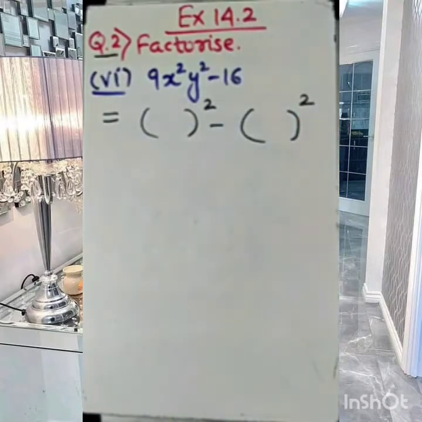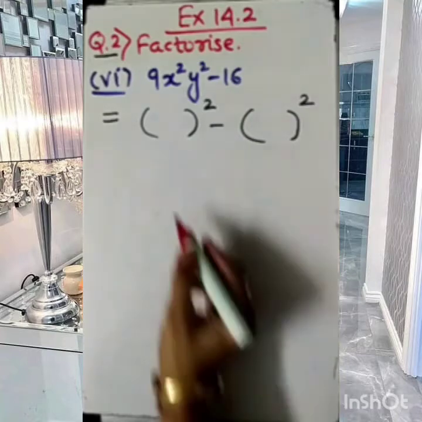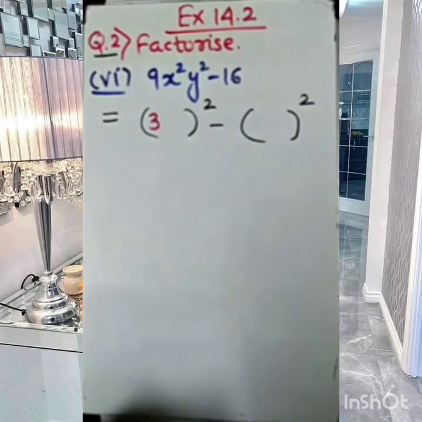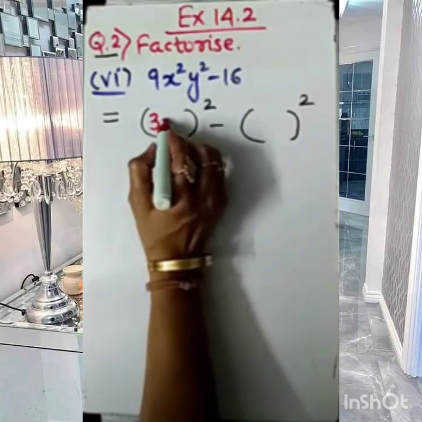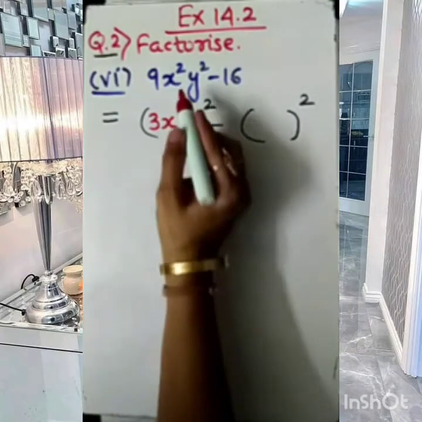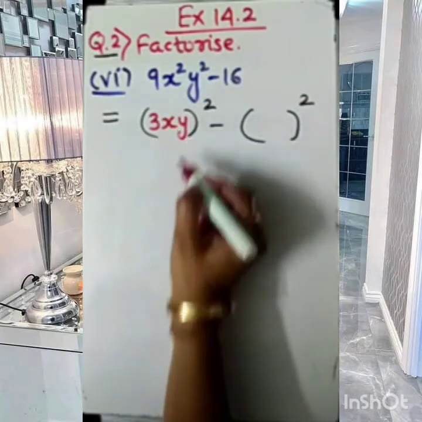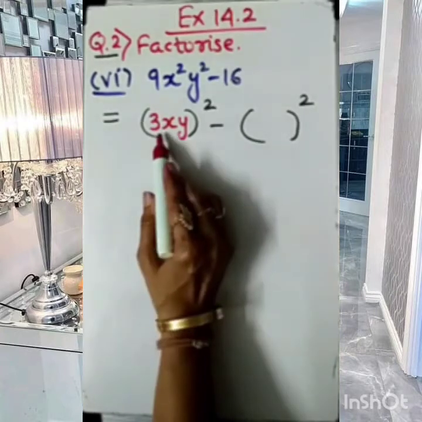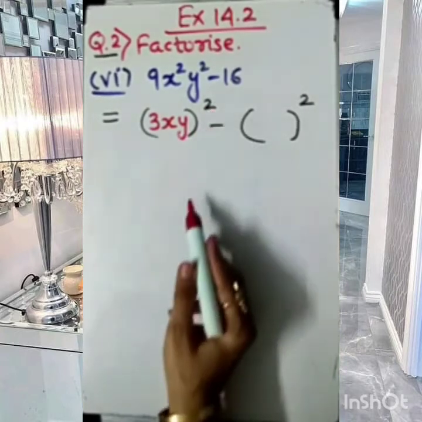Let's confirm. We know that 9 is the perfect square of 3. So I need to mention 3 here. Now what about x square? X square is the perfect square of x. Y square is the perfect square of y. That's why we can write (3xy) whole square minus.